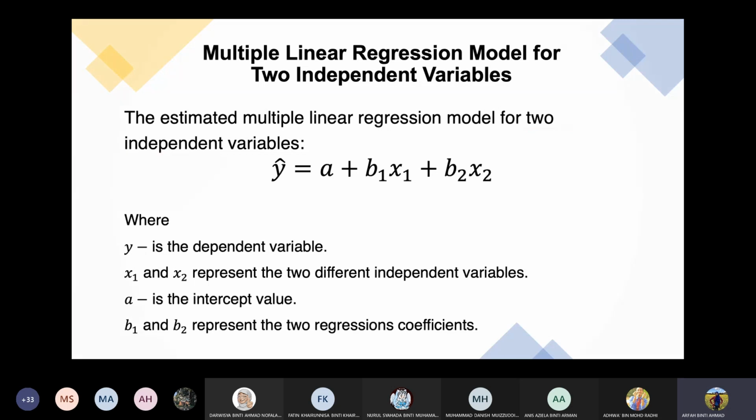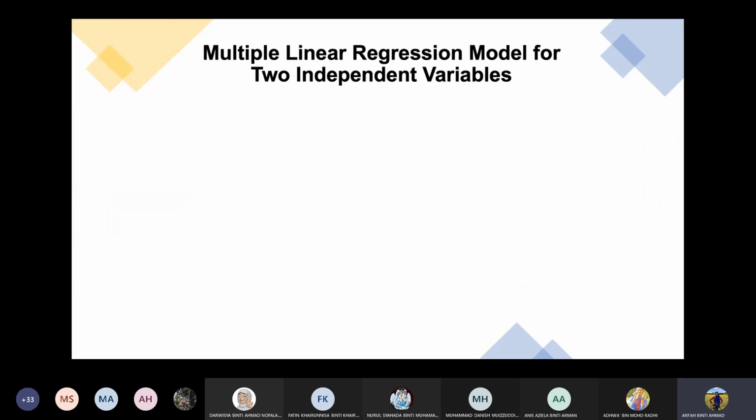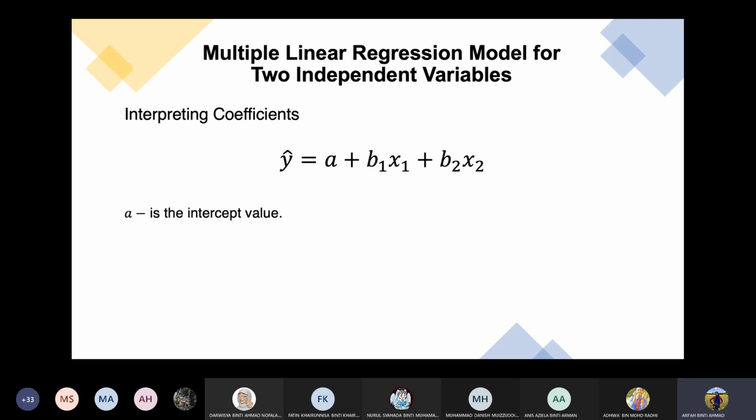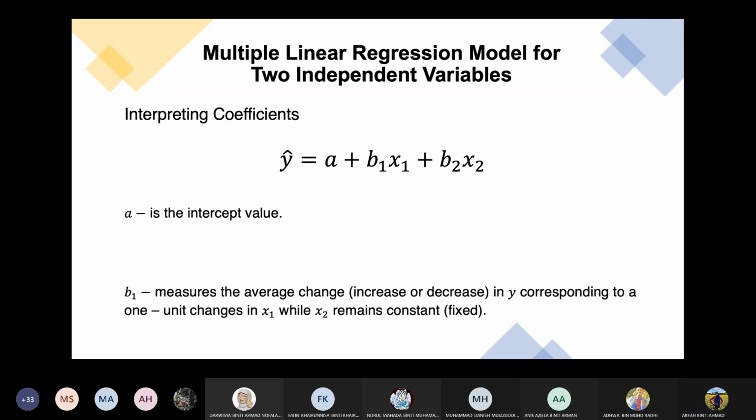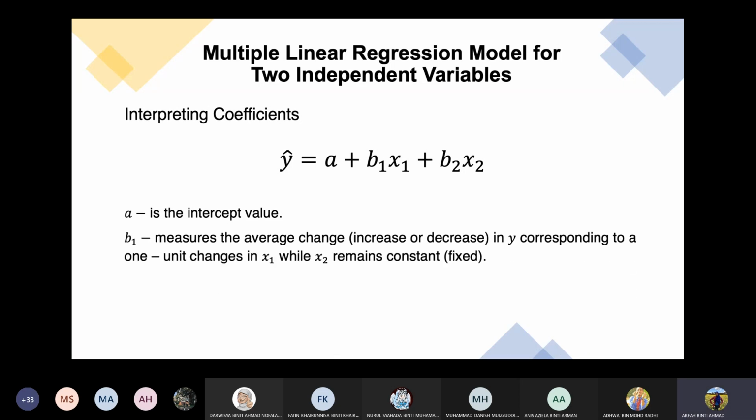Okay. So the next one, multiple linear regression for two independent variables. How we are going to interpret dia punya coefficient. A akan sama dengan intercept, dan B1 will measure the average change, the increase or decrease in Y corresponding to a 1 unit change in X1, while X2 remains constant.